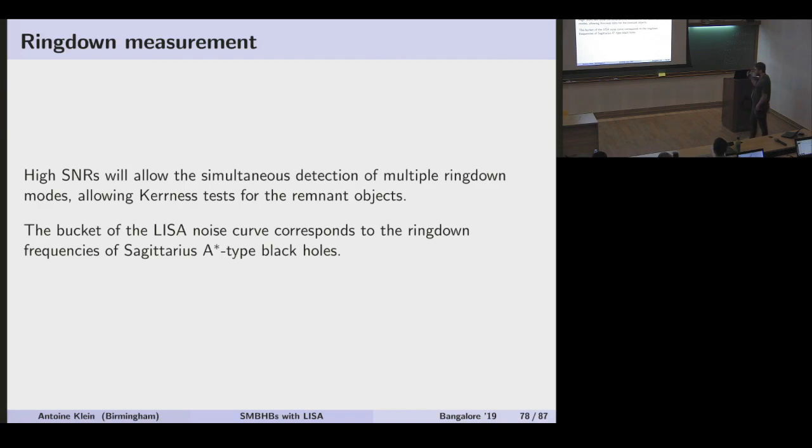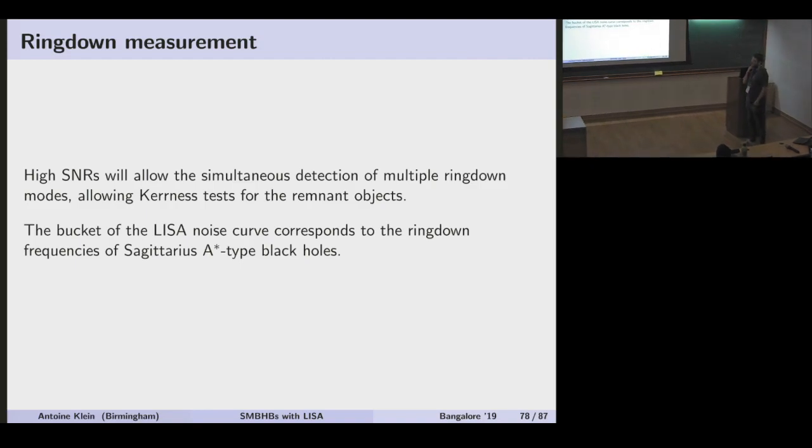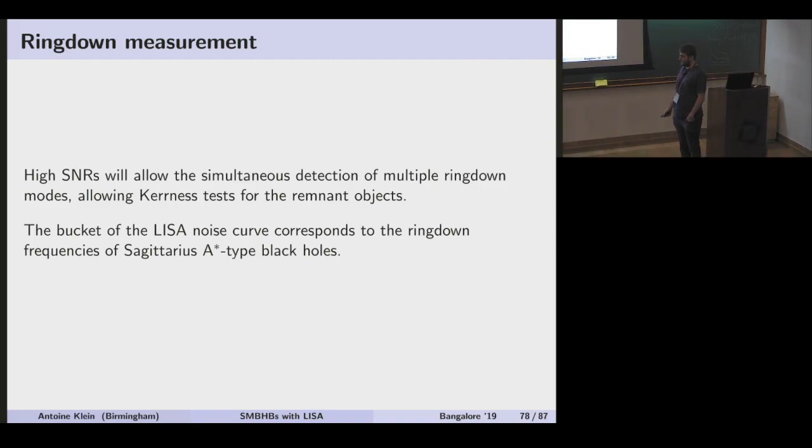All right. So what else can you do with LISA? You can measure the ringdowns, and you can measure the ringdowns really well. You have a lot of power in that range. So if you measure your ringdown modes very well, and you measure multiple ringdown modes simultaneously, what you can do is to test whether your remnant is a Kerr black hole or a different object.